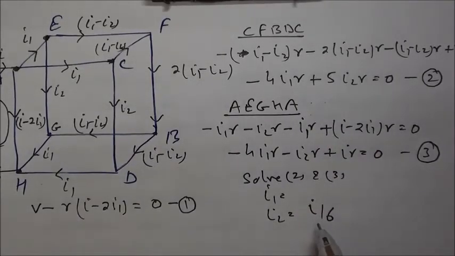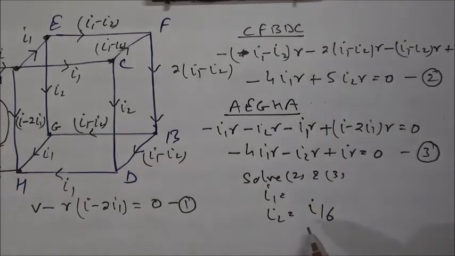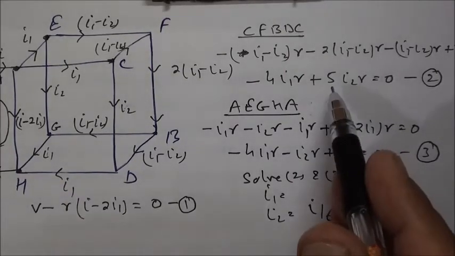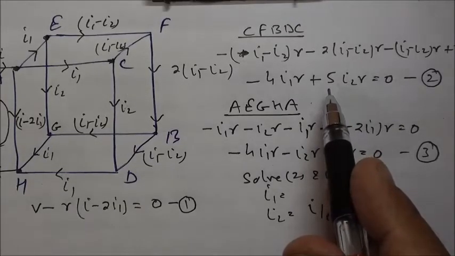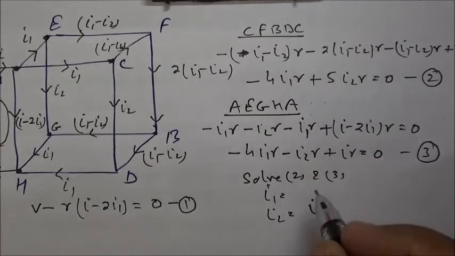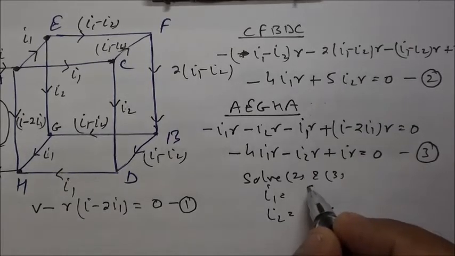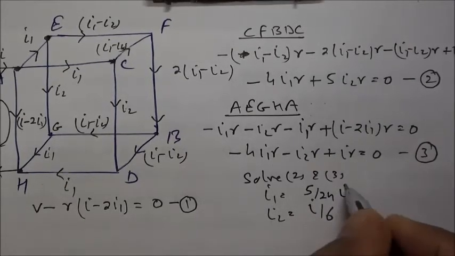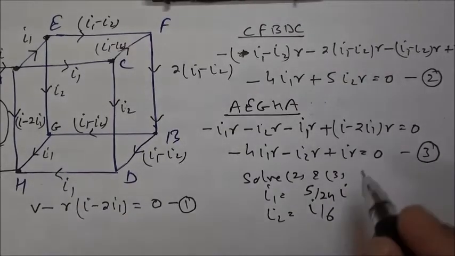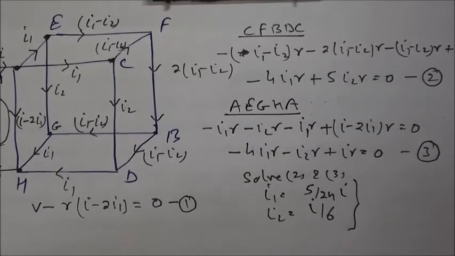I2 is I by 6. And then we can substitute this value of I2 here and I can get the value of I1. I1 is 5 by 24 into I. These two values we get for I2 and I1.